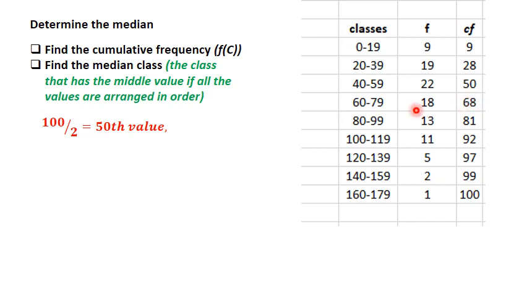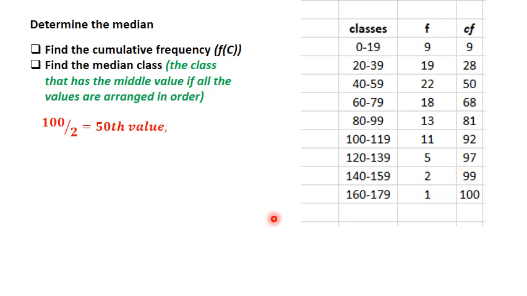In our case, it will be in the class of 60 to 79. Why? Because we have 68 for the cumulative frequency for that particular class. It means the 51st, 52nd, 53rd, on and on up to the 60th, and on up to the 68th value are in that particular class. So it's just a coincidence that we have 50 here and we also have it here. It doesn't always happen that way.